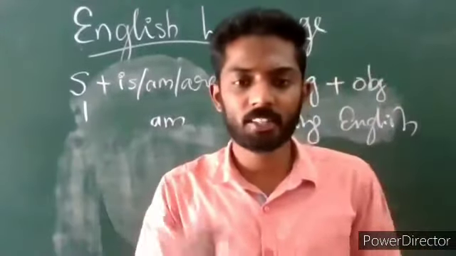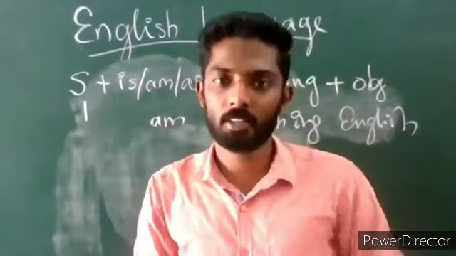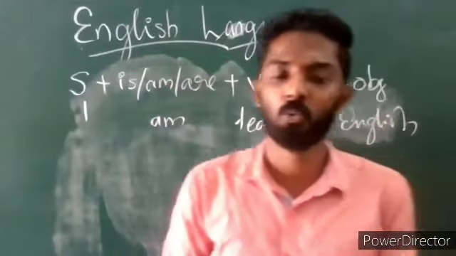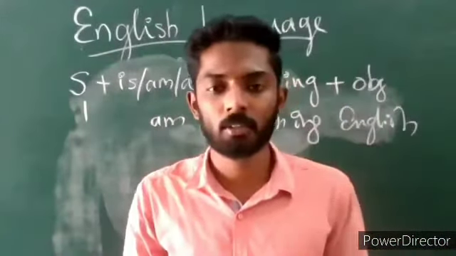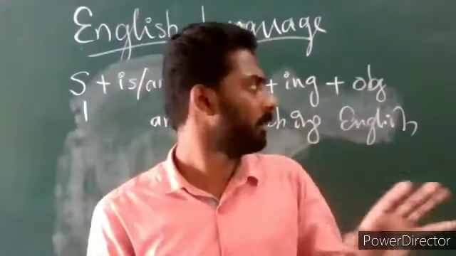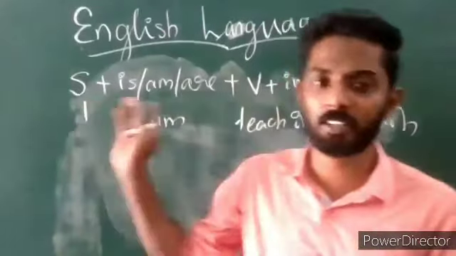So this is the structure of the present continuous tense. I don't think I have to say more about this, because you might have studied all these things in your previous classes. So I shouldn't speak more about the structure and so on.